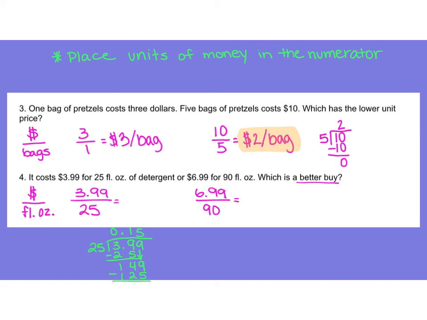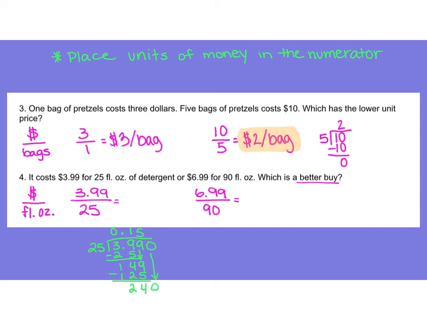When we subtract, we would get 24 as our remainder. And then I would want to add a 0 and bring it down, because with money, we always want to go to the third place value after the decimal point to see if our hundredths place needs to be rounded up or not.